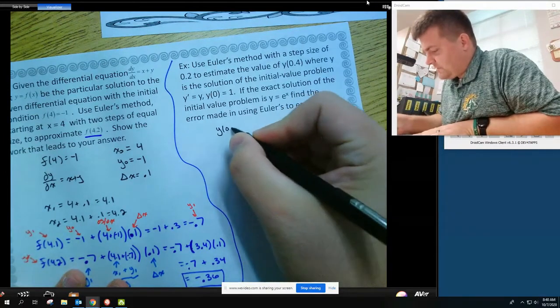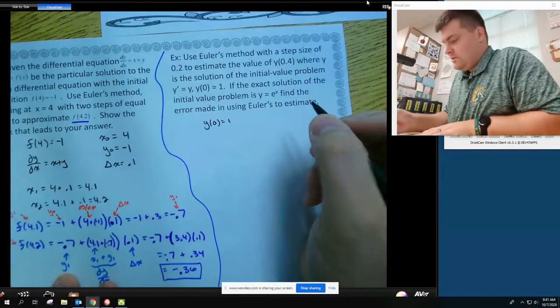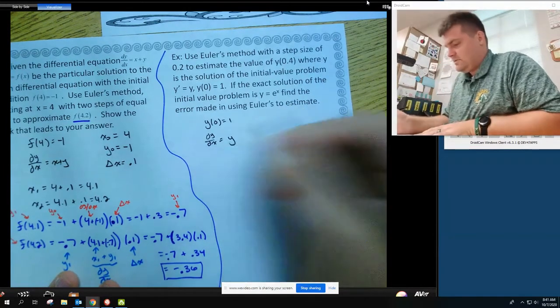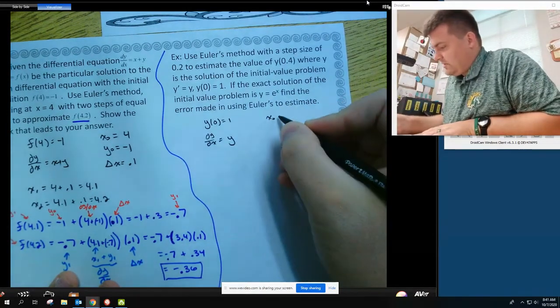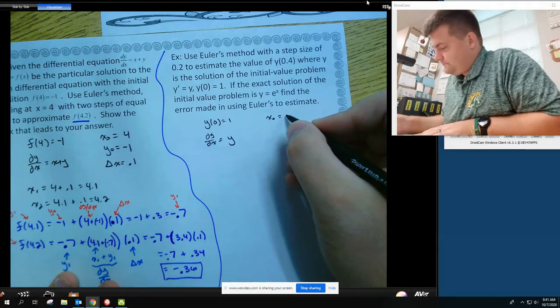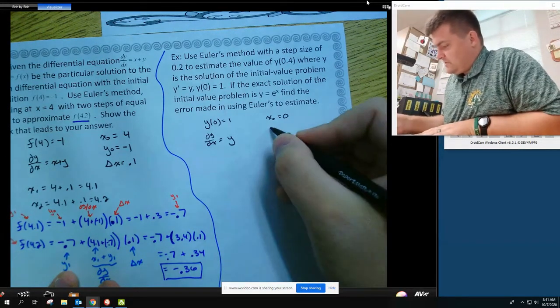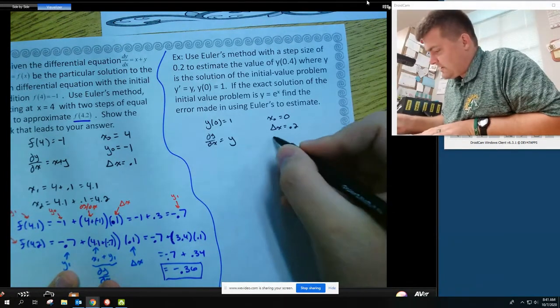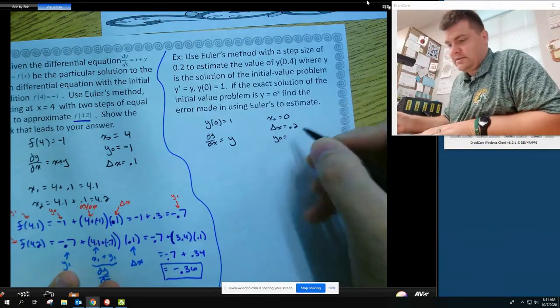So f of 0 equals 1. My dy dx is y. My initial x is 0. My change in x, it gave me that, is 0.2, and my initial y is 1.